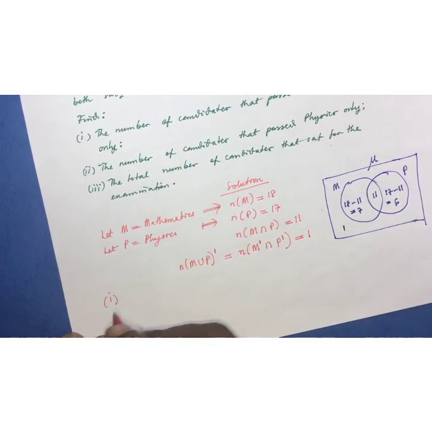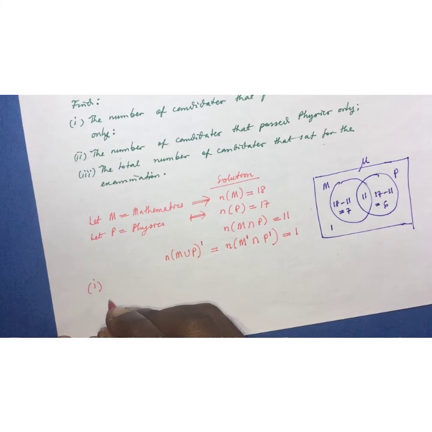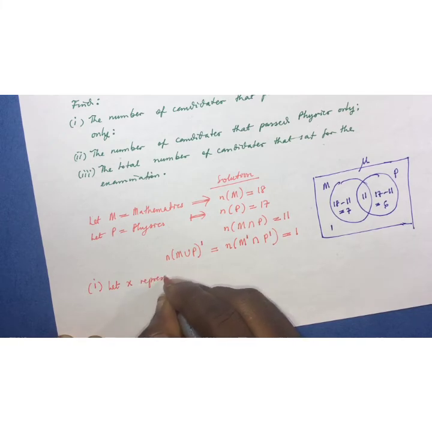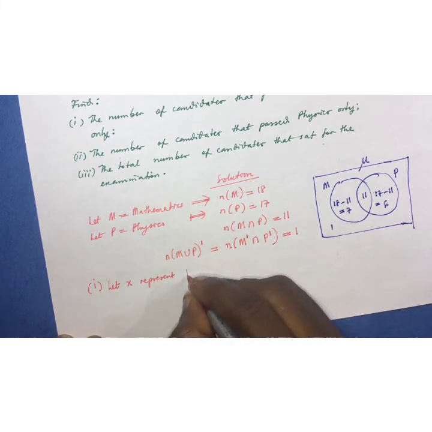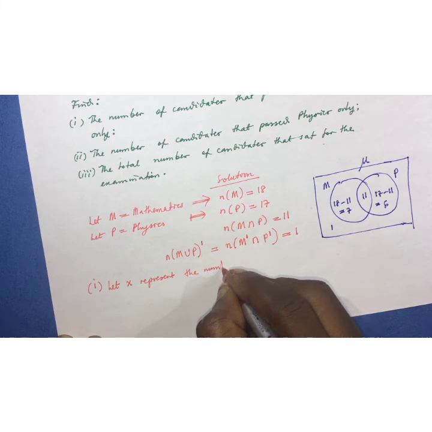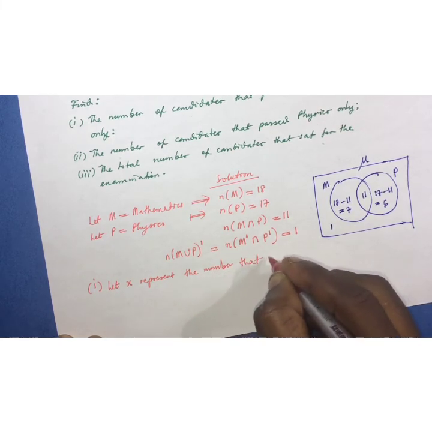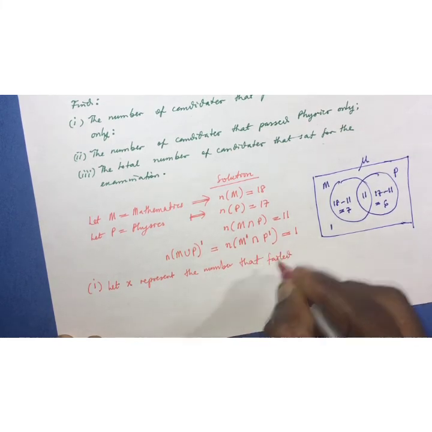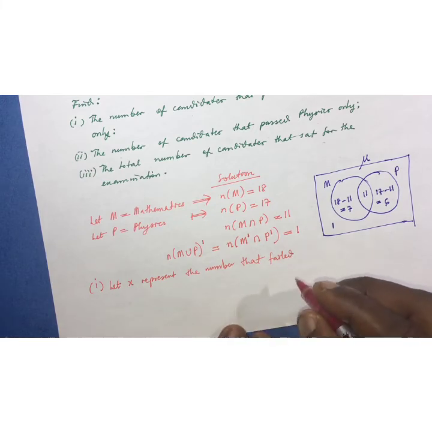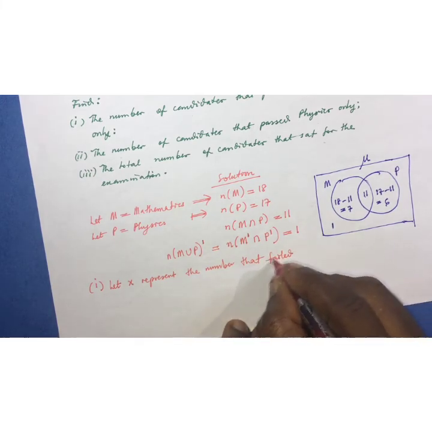Okay, so let's see the number of candidates that passed mathematics only. We can get that this way. Okay, so what you do is you could use a variable, let x represent the number that passed mathematics only, sorry.